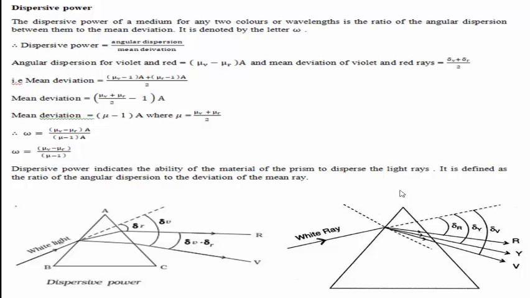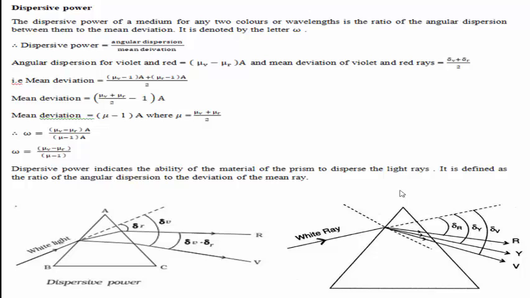Therefore, omega, which is nothing but dispersive power, is equal to the refractive index of violet minus the refractive index of red multiplied with A whole divided by the refractive index minus 1 multiplied with A, where A gets cancelled out.